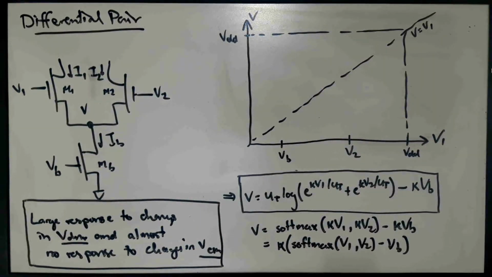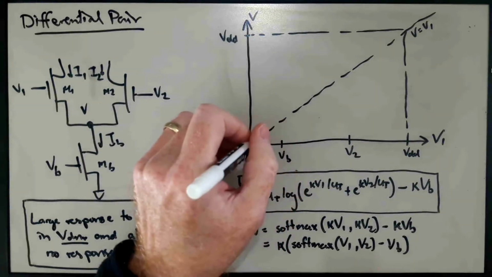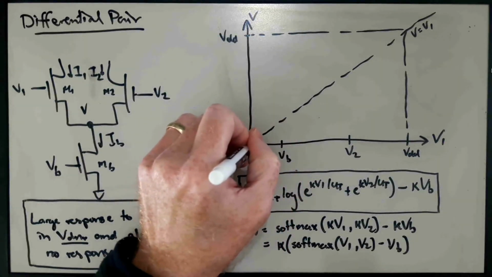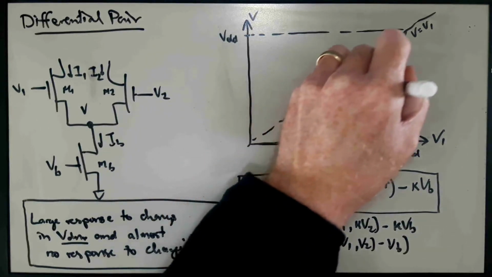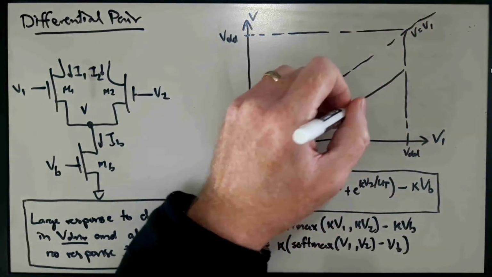And so I'm going to draw here a line which would be if M1 were a source follower and M2 were not in the picture, the source follower characteristic would look something like this.